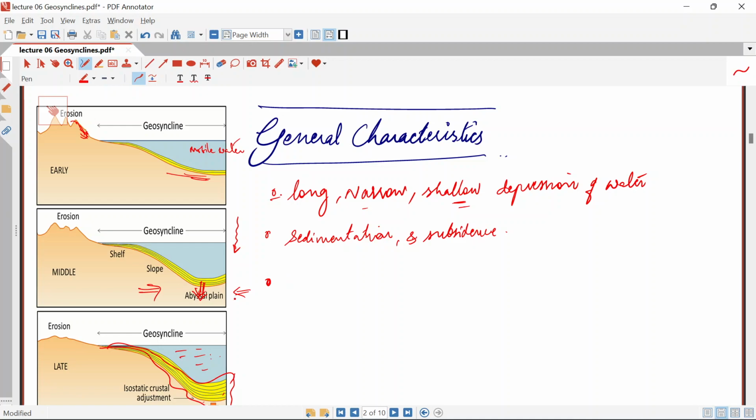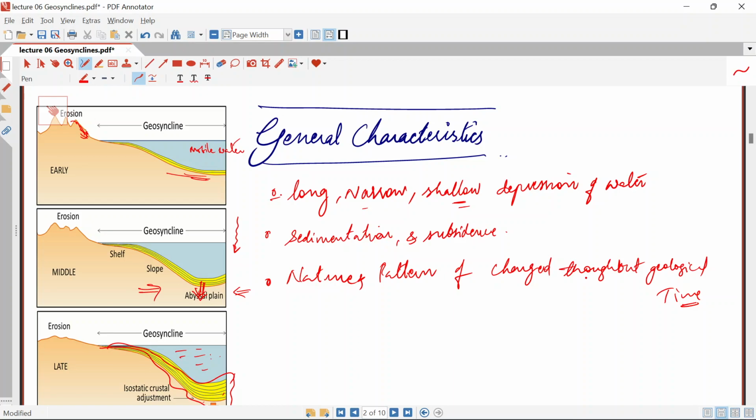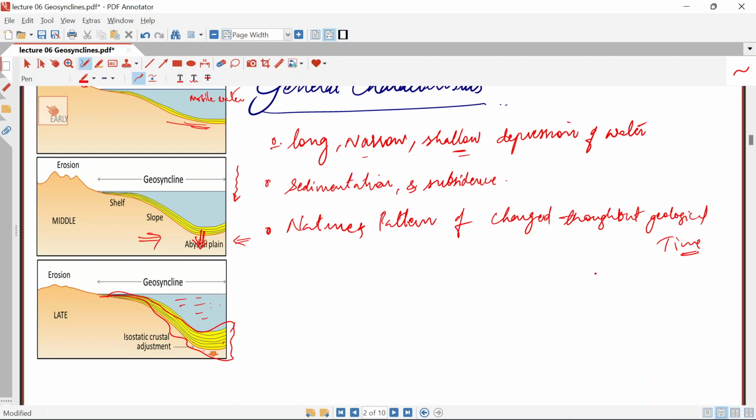The third is that the nature and pattern of geosynclines change throughout geological time. It is not constant; it changes and evolves.